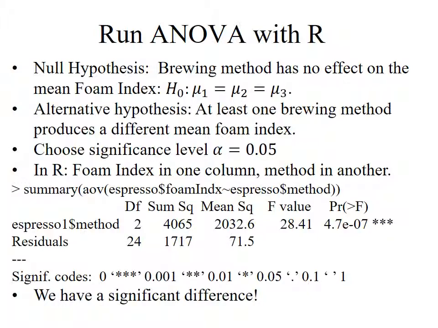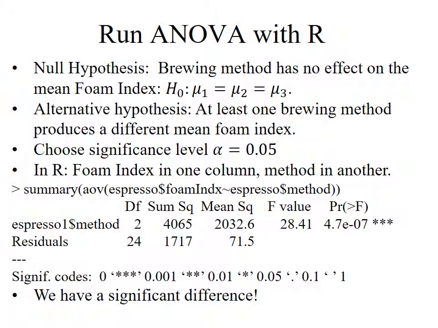And so that gives us the variance from the different parts. The variance from variation within groups, the mean squares of the errors, MSE in this case, is 71.5, and then the mean squares between the groups, MSG, is 2,032.6. So that looks a lot bigger than 71. Hopefully that's going to be statistically significant. And then to get our F value, our F test statistic, we take the ratio of those two things. 2,032.6 divided by 71.5 gives us an F value of 28.41.